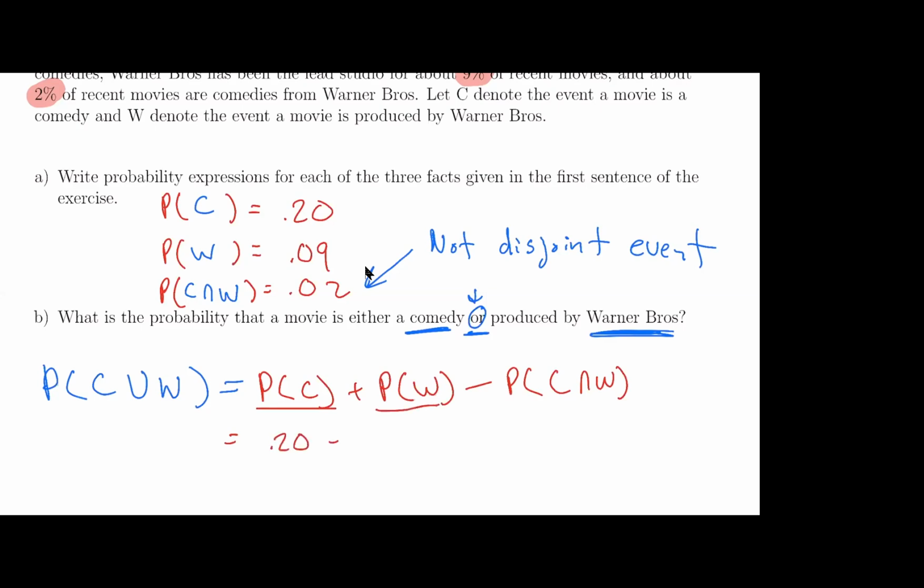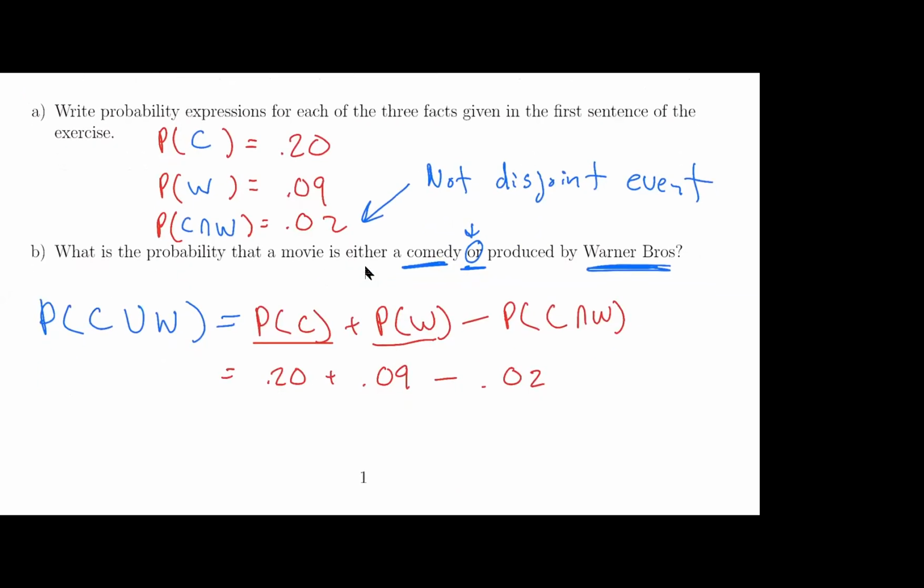For Warner Brothers, you put 0.09, and you subtract the probability it's a comedy and was produced by Warner Brothers. Any questions so far? I put 0.20 plus 0.09 minus 0.02. All right, so 0.27, or you could just say 27%.